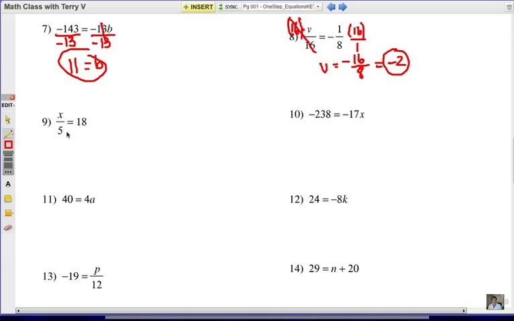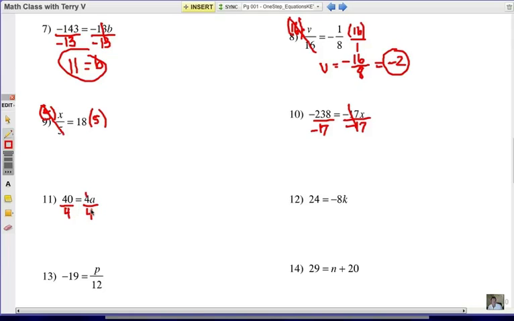Number 9. You're going to be multiplying each side by 5. Number 10. Again, this shows multiplication, so you're going to divide both sides by that negative 17. It's a good idea to cancel out whenever anything is 1 in multiplication and division, or 0 in addition or subtraction. Number 11, you're going to divide by positive 4 on both sides.